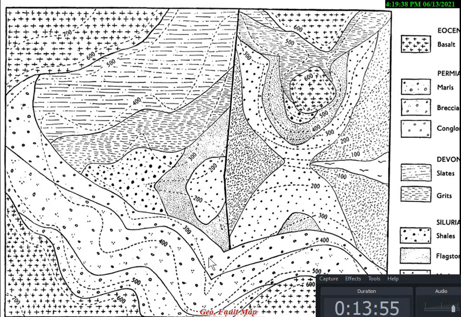Okay, you see here this line, see this line, a deep black line. Beds suddenly disappear. And you find the displacement. This bed appears here. This bedding line and this bedding line are the same. This bedding line and this bedding line are the same. This bedding line and this bedding line are the same.